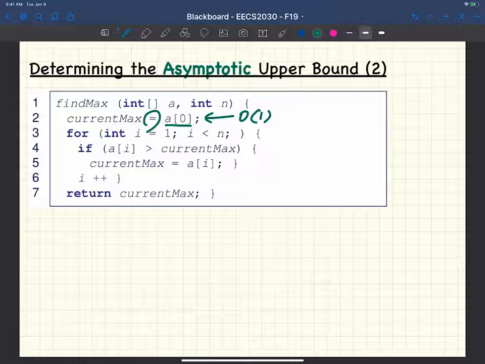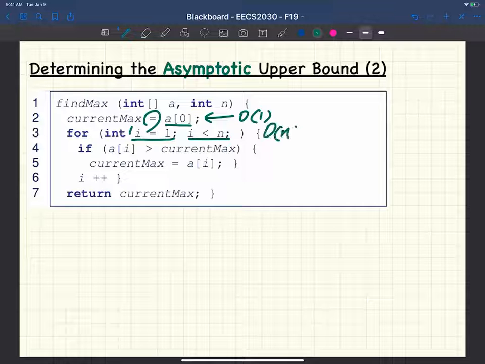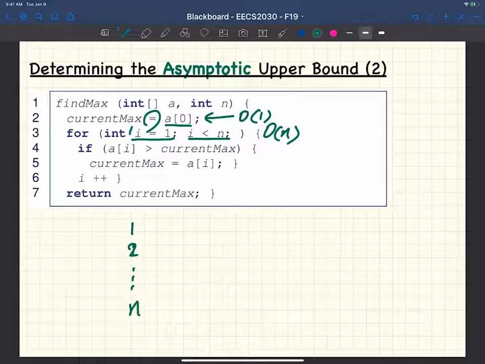How about this one here? The initialization happens only one time. How many times are we going to execute this condition? N, to be precise, but now we just say linear, big O of n. Then i goes from 1 all the way until n.